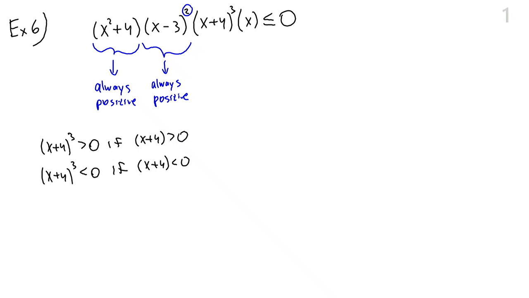So the potential points that can contribute to a changing of sign are x equals negative 4 and x equals 0. And we're going to look at the real line. We can ignore those 2 factors and just look at 0 and negative 4. And let's look at how our signs are.